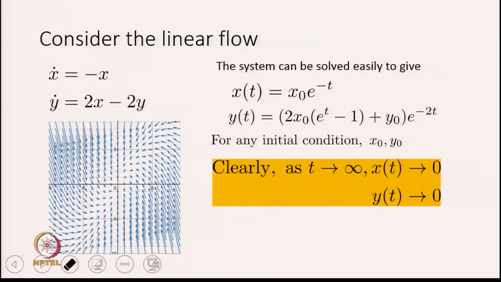Let's look at some specific examples, partly for illustration, but also partly to introduce the concept of attraction. If we look at a very simple linear flow, x dot is equal to minus x, y dot is 2x minus 2y.